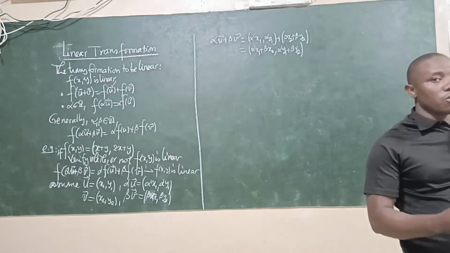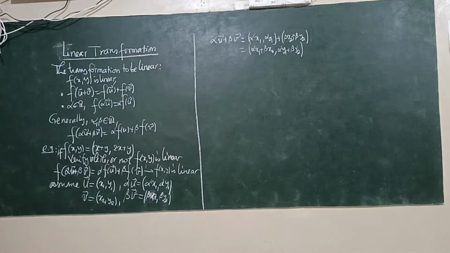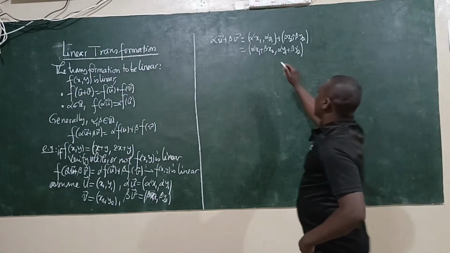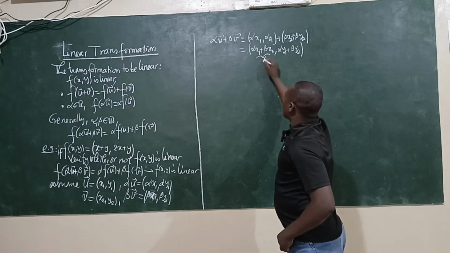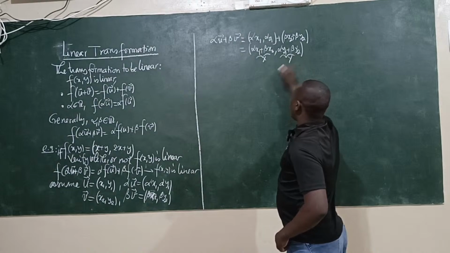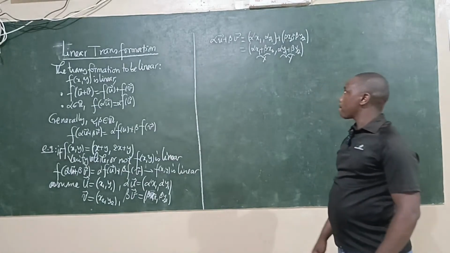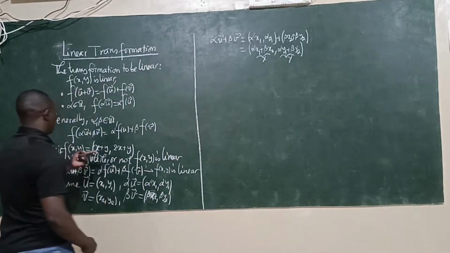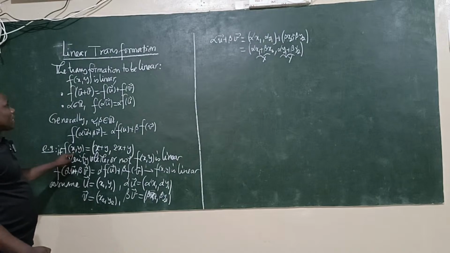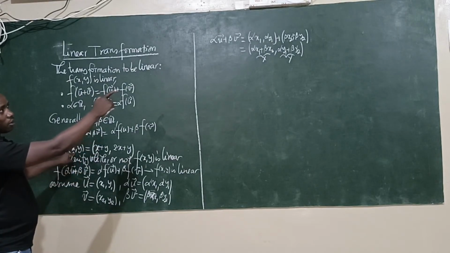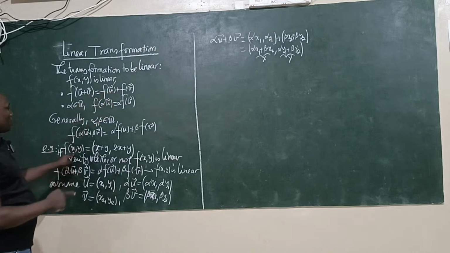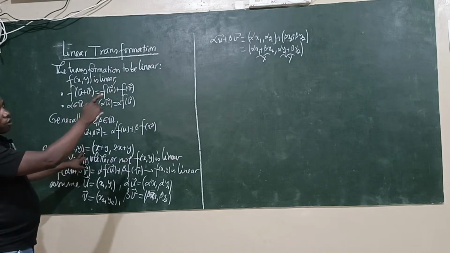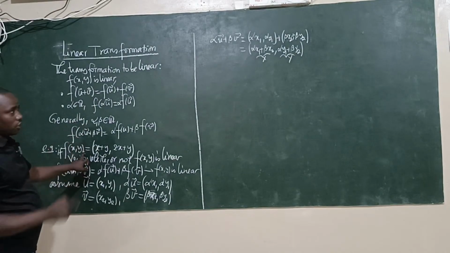As you see, before continuing, what we are going to see is that this will stand for x and all of this stands for y. So in our transformation, x is going to be replaced by alpha x1 plus beta x2, and y is going to be replaced by alpha y1 plus beta y2.